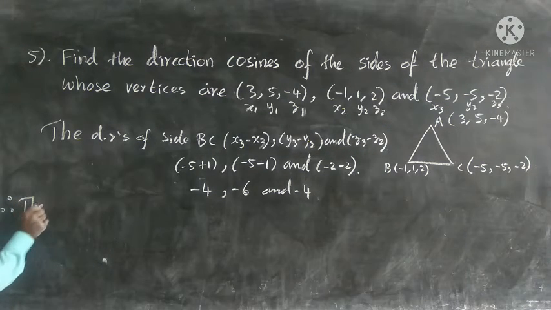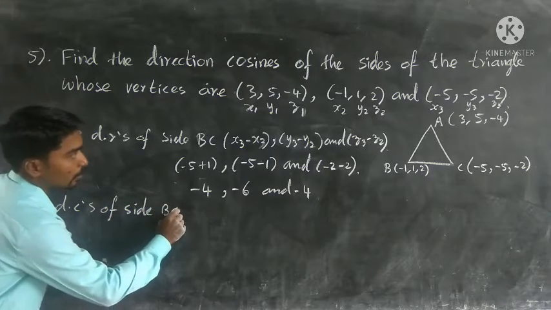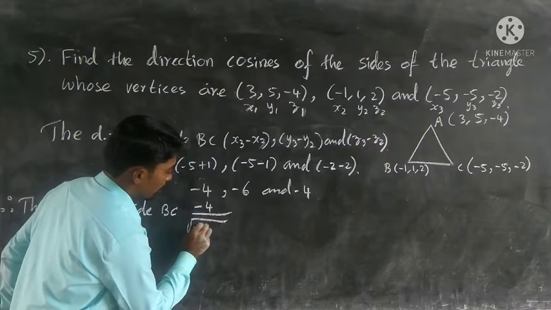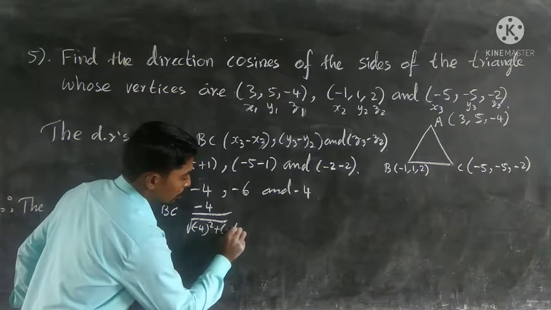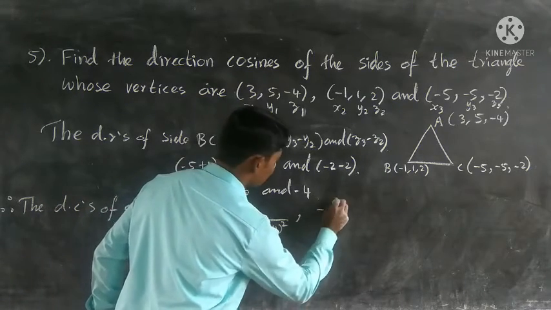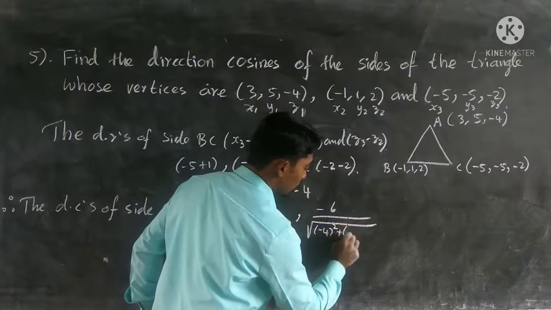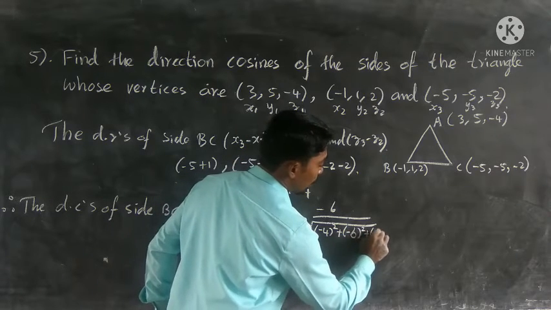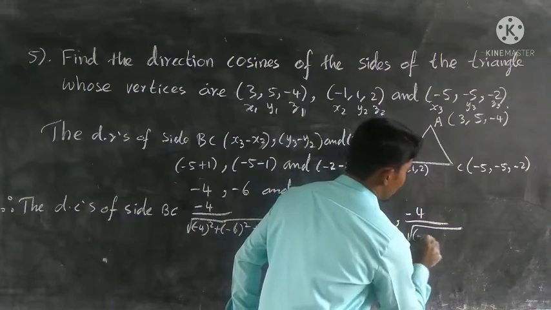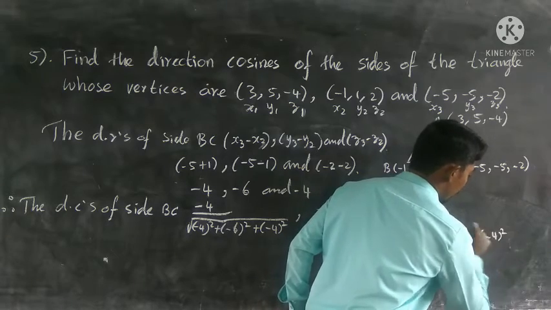Therefore, the direction cosines of side BC are -4 by square root of (-4)^2 + (-6)^2 + (-4)^2, -6 divided by square root of (-4)^2 + (-6)^2 + (-4)^2, and -4 divided by square root of (-4)^2 + (-6)^2 + (-4)^2.